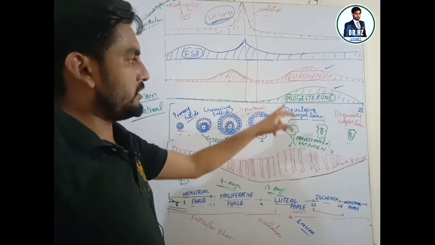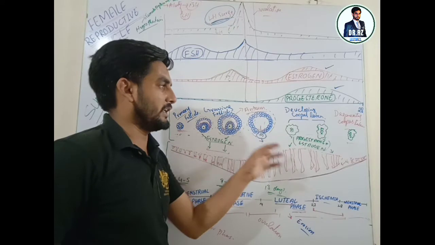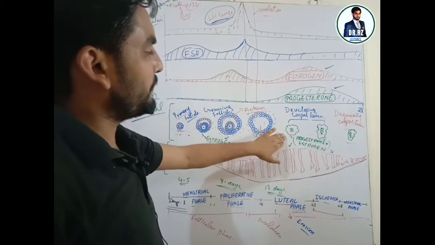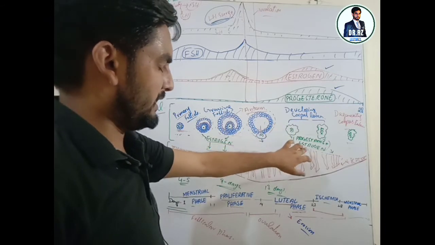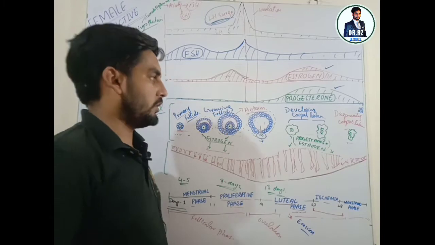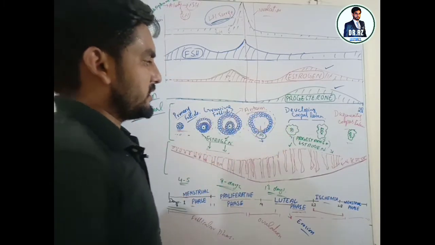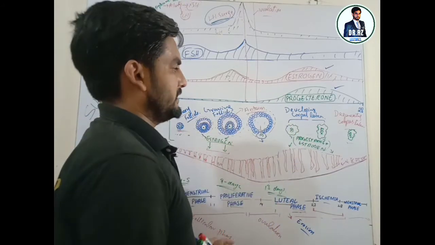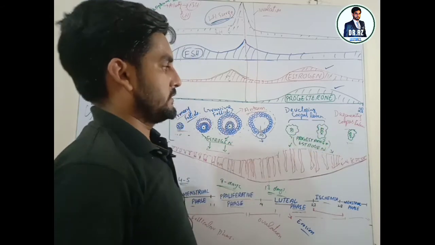Mainly progesterone is the pregnancy maintaining hormone. So the corpus luteum of pregnancy maintains the pregnancy by releasing progesterone during the starting months of pregnancy. If fertilization does not occur, the corpus luteum degenerates, and this degenerating corpus luteum is called the corpus albicans.